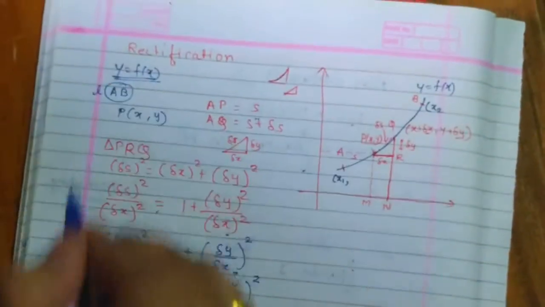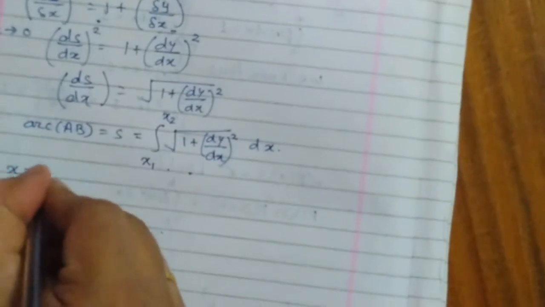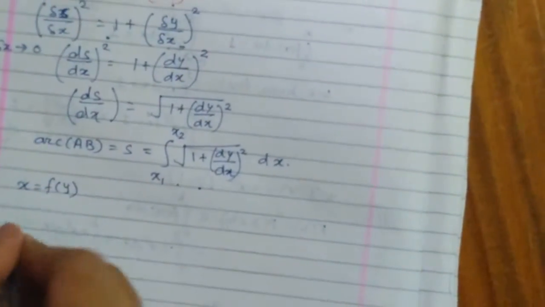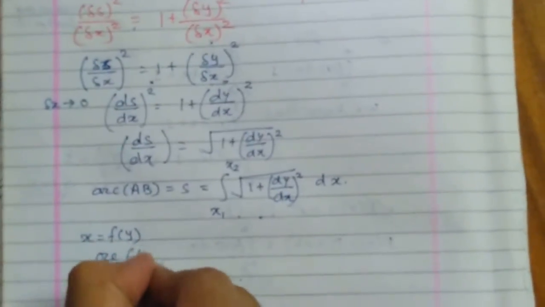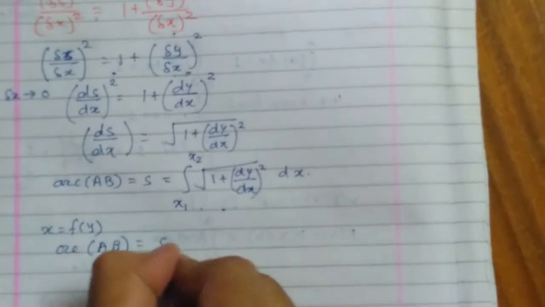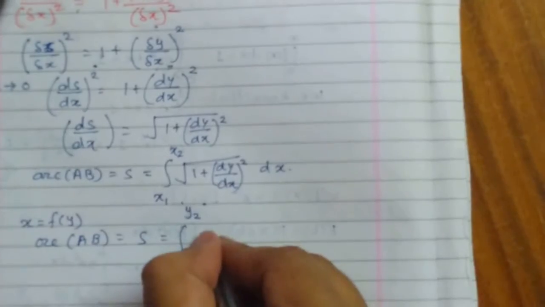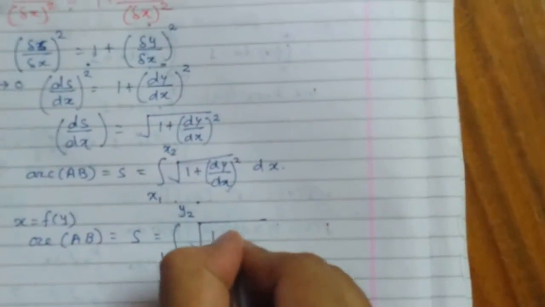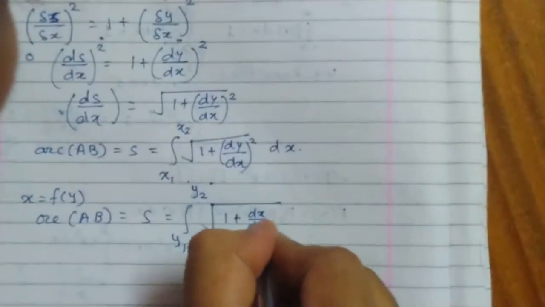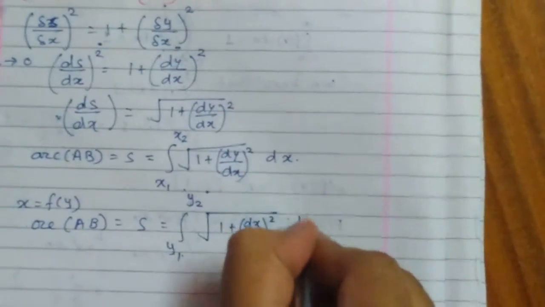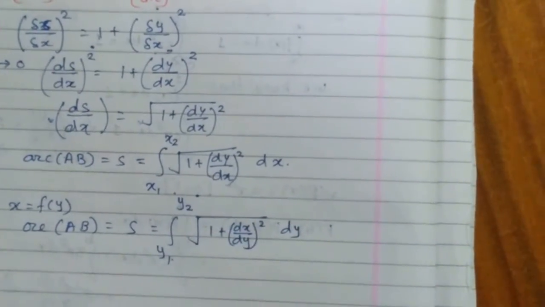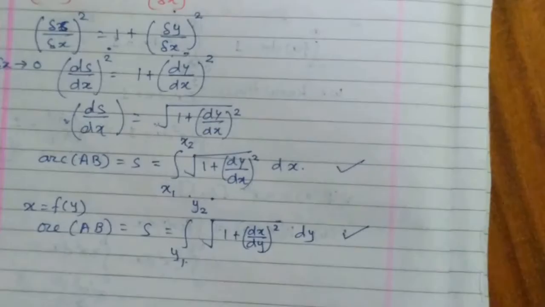In another way, here I am defining the curve as y is equal to f of x, but if I define the curve as x equal to f of y, then the arc AB is again s, and the formula will be the integral over y from y1 to y2 of square root of 1 plus (dx by dy) square, with respect to y. So these two formulae we are going to use in the Cartesian coordinate system.